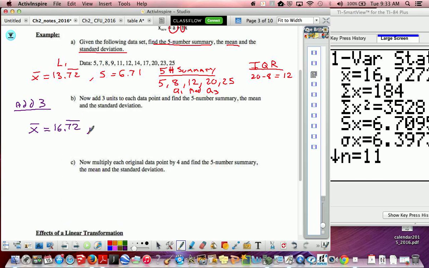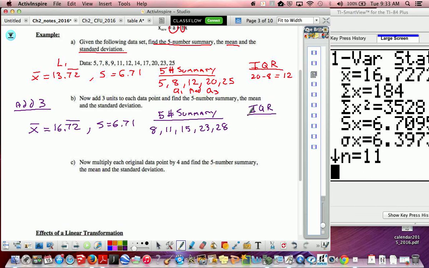My standard deviation is still 6.71. My 5-number summary is 8, 11, 15, 23, and 28. And my IQR, I'll calculate in just a second.